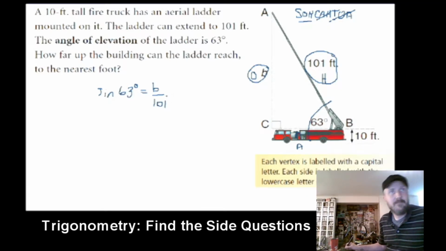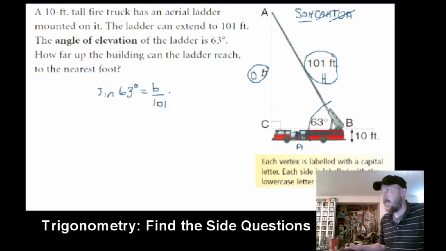And that's in feet. Now, whenever I'm solving equations here, I want to get the unknown thing all by itself. What's not allowing me to have that unknown thing all by itself is this 101 down here at the bottom. Now, some math teachers say you bring it to the other side and do the opposite. So this is divide. We'd bring it to the other side and do multiply.